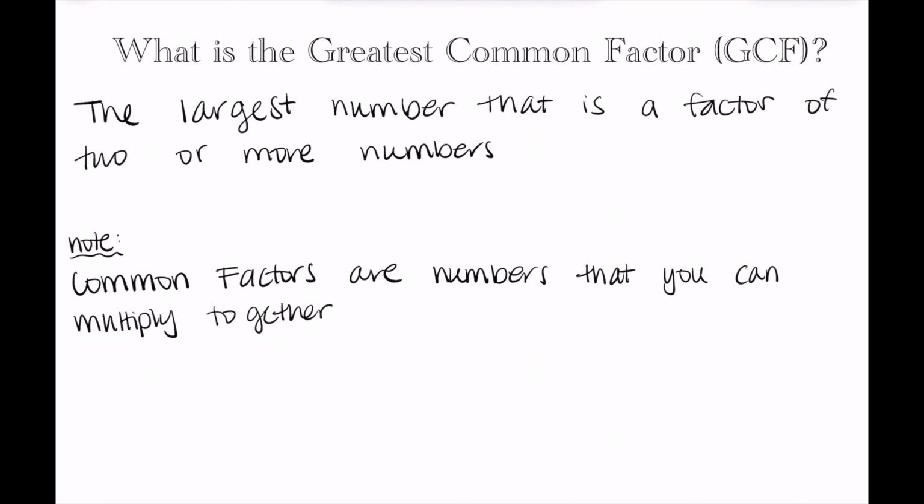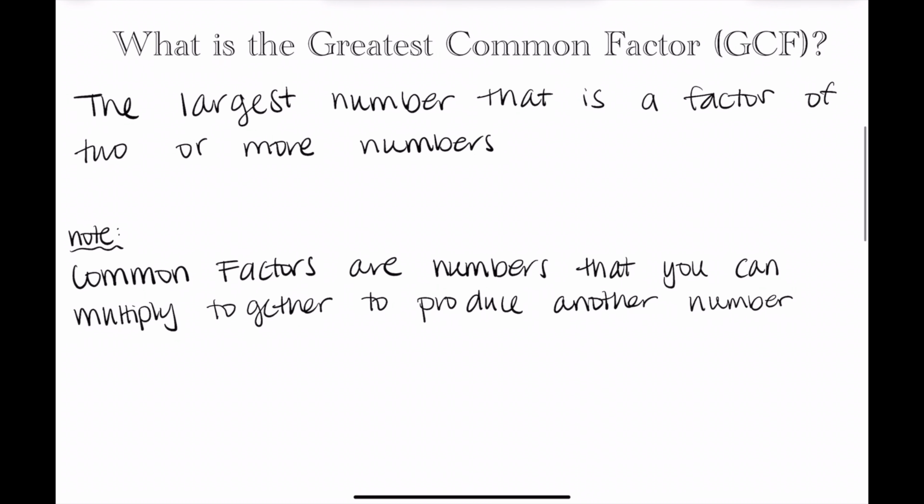So now that we have the definition in words, let's also take a quick look at an example. The example we have here is simply 2 times 3 equals 6. So just to go over what factors are, 2 and 3 are factors of 6, right? And which one is greater? 3 is obviously greater.